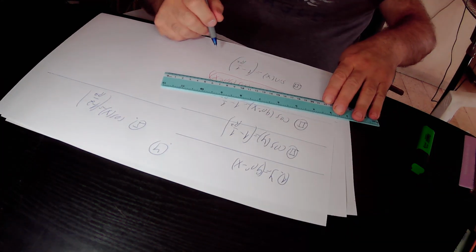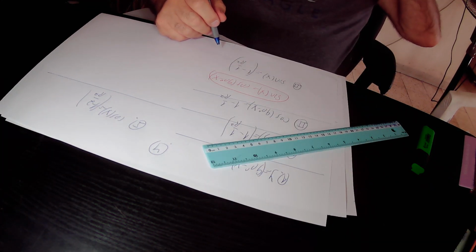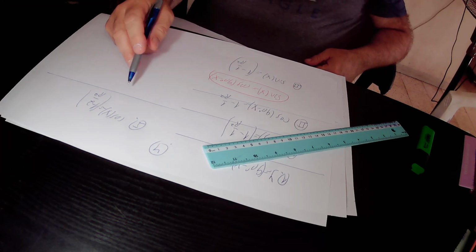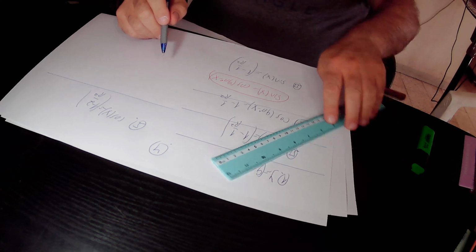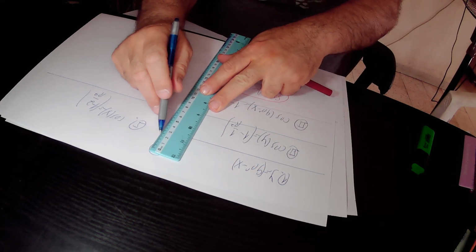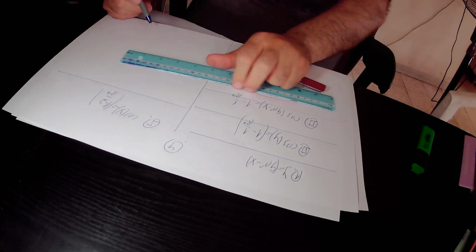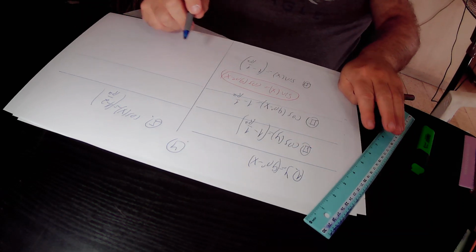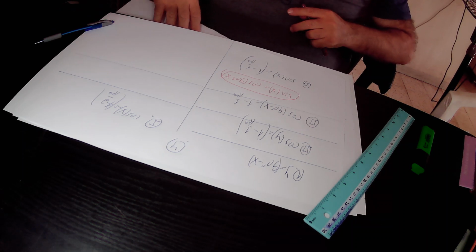So we have the two expressions of sine x and cosine x. And we also have the trigonometric identity.